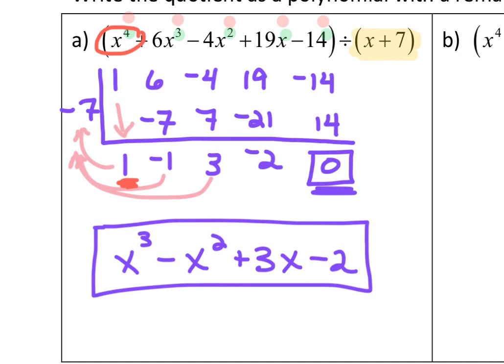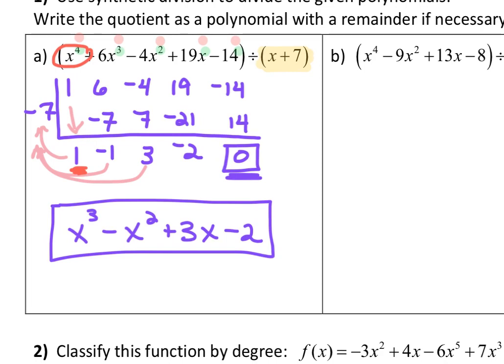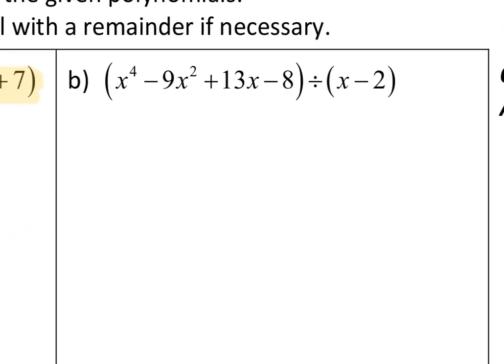So the next division problem that I have here, notice that I start with x to the 4th, but there's no x to the 3rd term. So here I'm going to need to put a 0 to stand in for the x to the 3rd term, and then x squared, x to the 1st, and no x there.